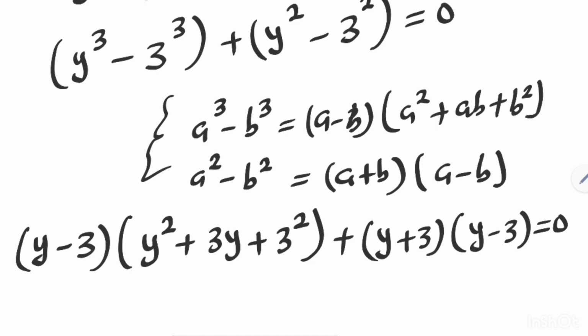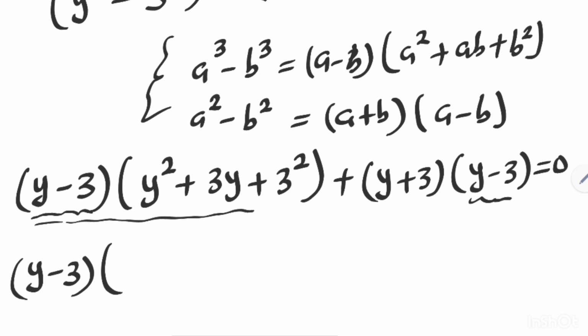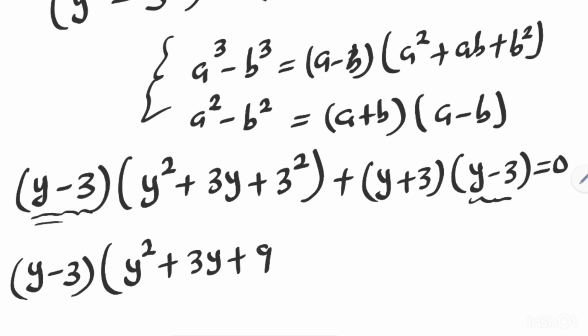Here you can see that y minus 3 is common. Let us factor it out. We have y minus 3 bracket, and if we divide the whole of this by y minus 3, we have y squared plus 3y plus 3 squared, that is 9.